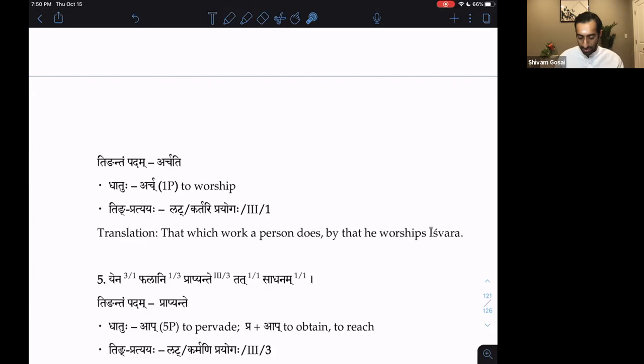Okay, so yat karyam purushaha karoti, that work which a person does. Tena, by that. Purushaha Ishwaram archati.